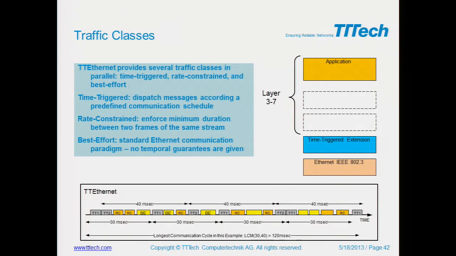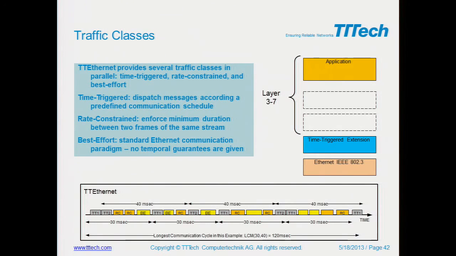And best effort, we said, is a basic mechanism of Internet communication and computer usage. The time trigger level dispatches messages according to a predefined communication schedule, as we have seen before. The rate constraints inform the minimum duration between 2 frames of the same stream, and best effort is standard Ethernet, right, which is a standard asynchronous communication.